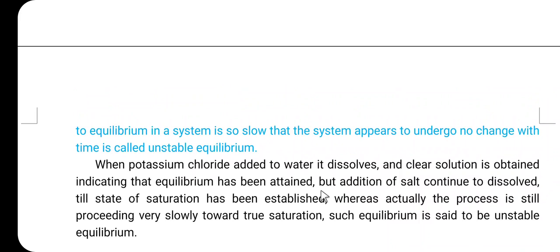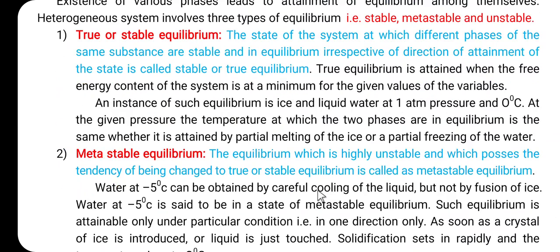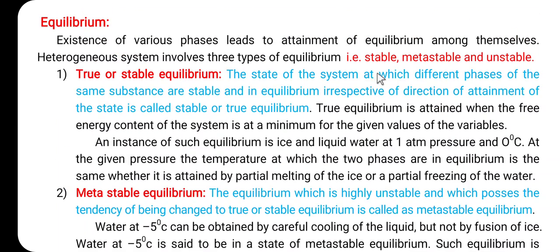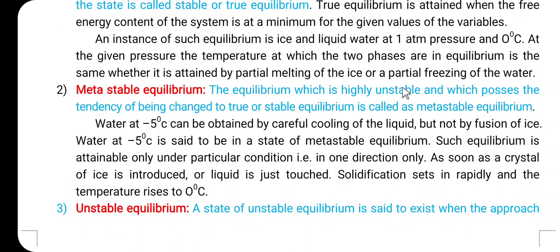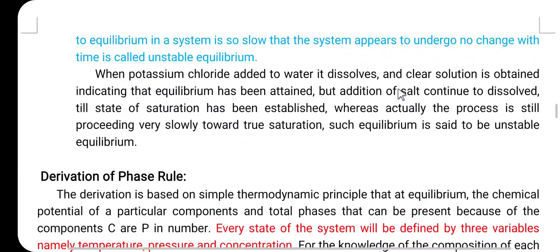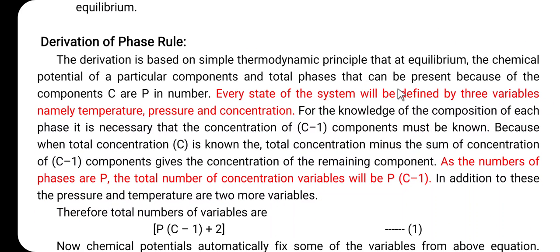So, friends, when we consider equilibrium, there are three types: stable equilibrium, metastable equilibrium, and unstable equilibrium. Then the next point is derivation of the phase rule. How is the phase rule derived, or what is the mathematical equation for the phase rule?